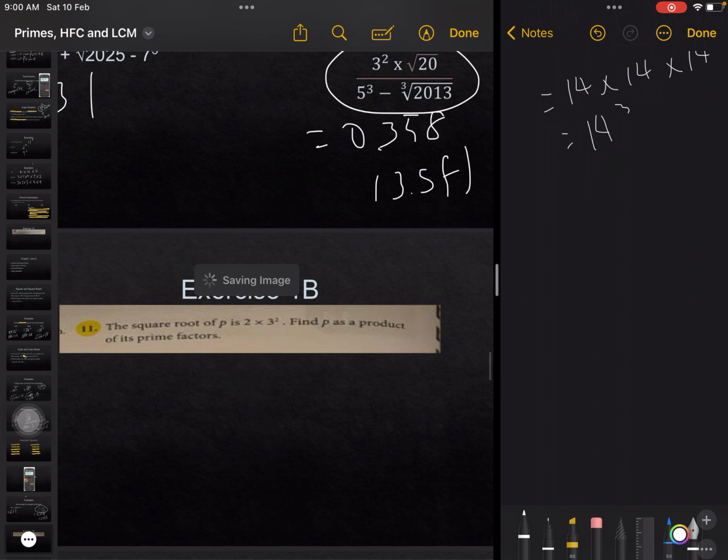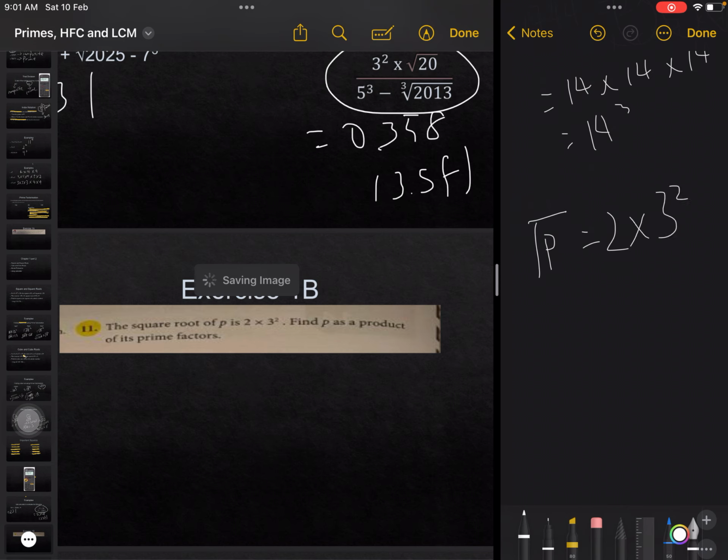The square root of p is 2 times 3 square. Find p as a product of its prime factorization. Simple. So square root of p equal to 2 times 3 square.